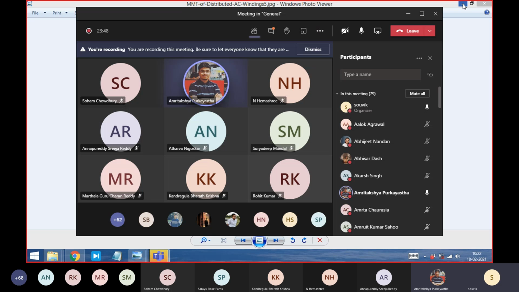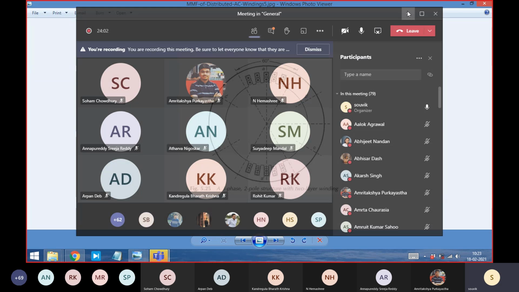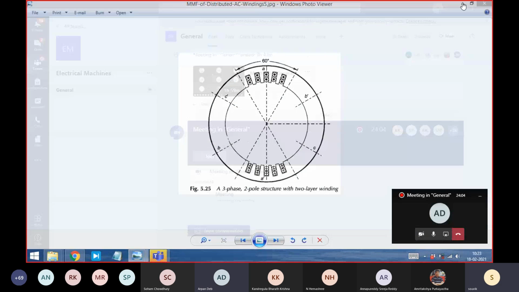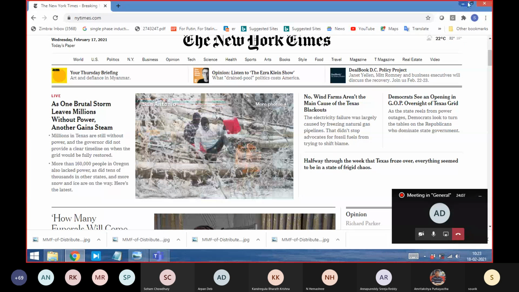Can you minimize your MS Teams window that has popped out? I'm not yet writing. I'm trying to open one writing pad first. Let me open it and then tell you. One minute.